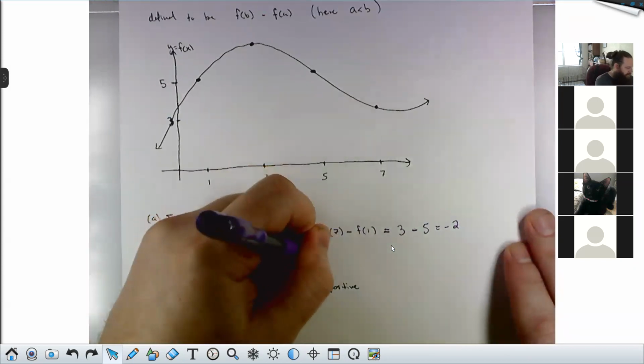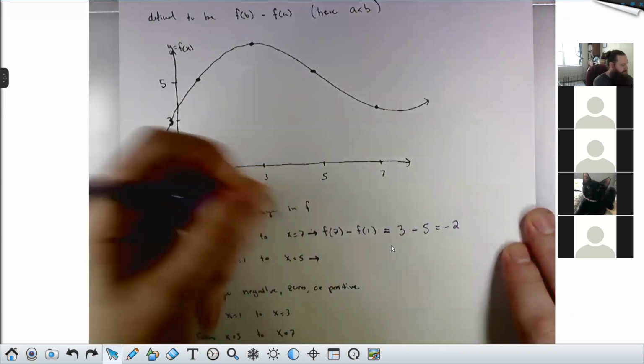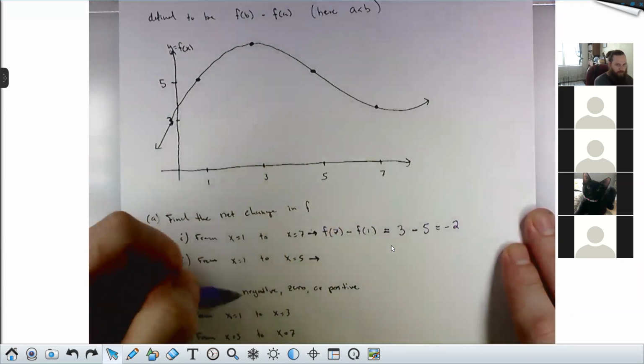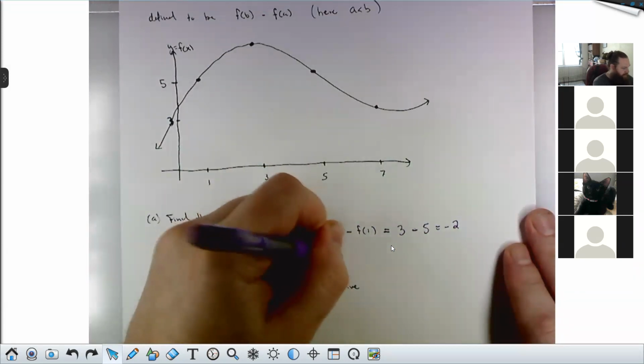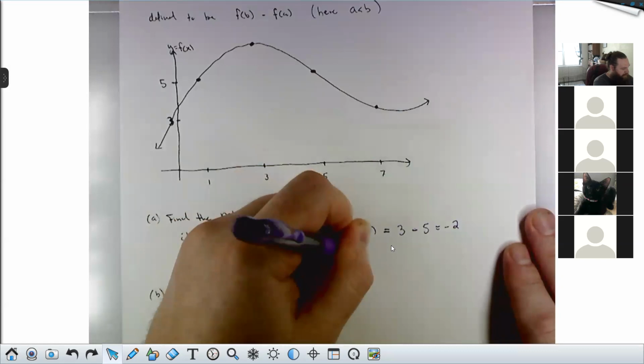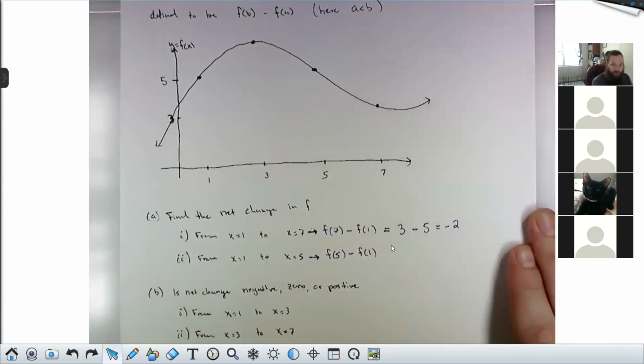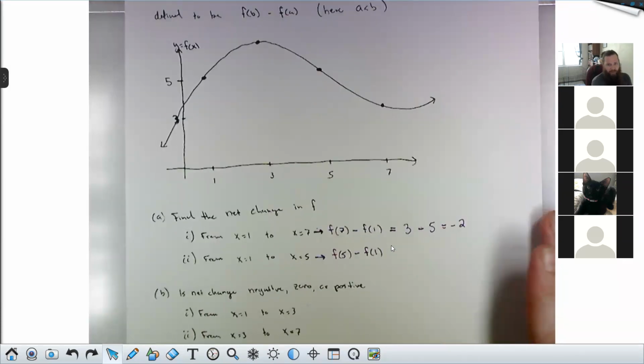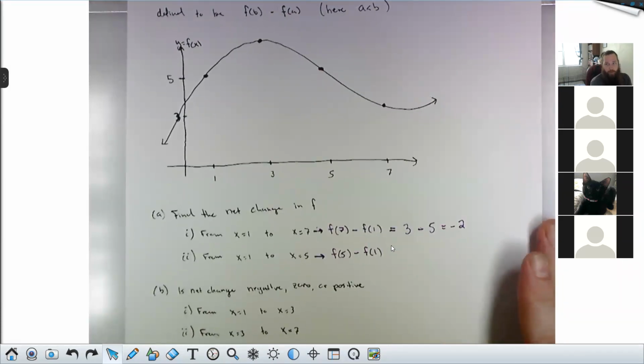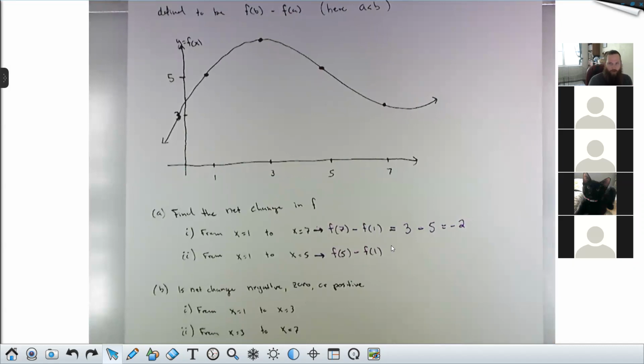Okay, what about from x equals 1 to x equals 5? So now A is still 1, but B is 5 now. So this would be f of 5 minus f of 1. And as silly as it might feel to write it down, it does two things on a test. One, like I said, it lets the paper remember for you, so you don't have to keep track of what goes where, what order am I subtracting, is it an x or a y value? You just write it down and it will remember it for you.